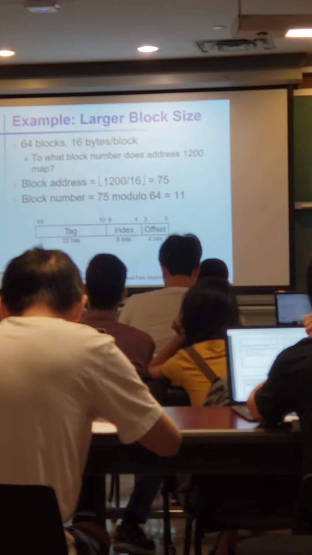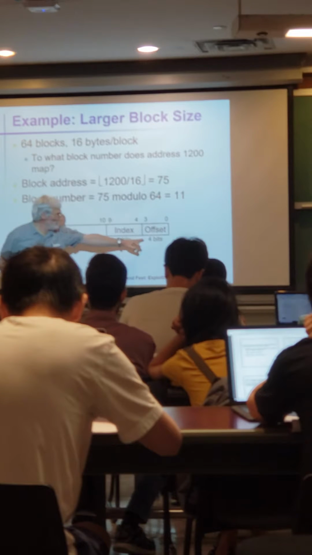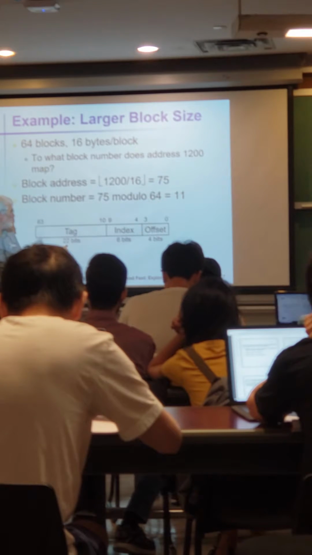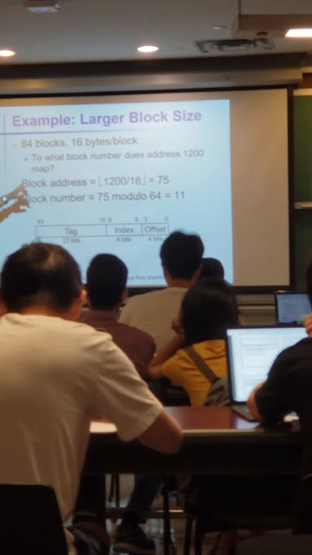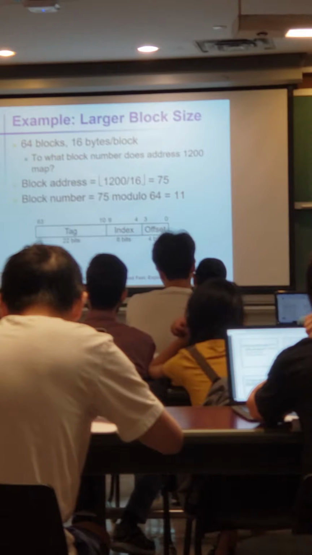Now let's see in a graphical way how the address is actually structured. Offset, index, tag. So we're talking about 64 blocks, 16 bytes per block, and you can do some calculations here.